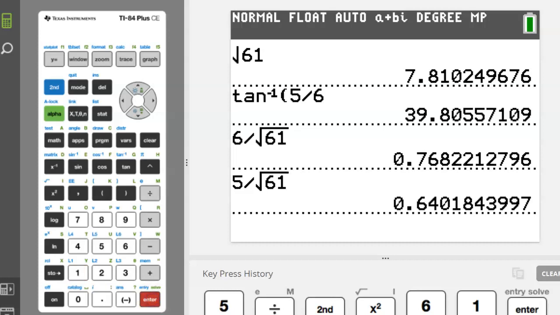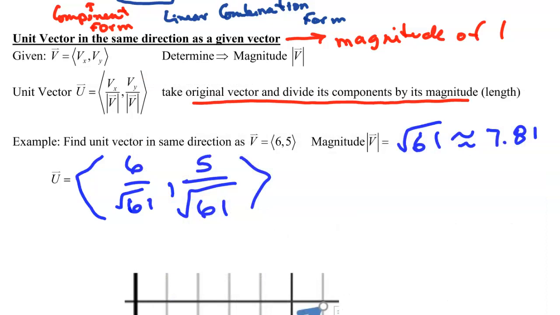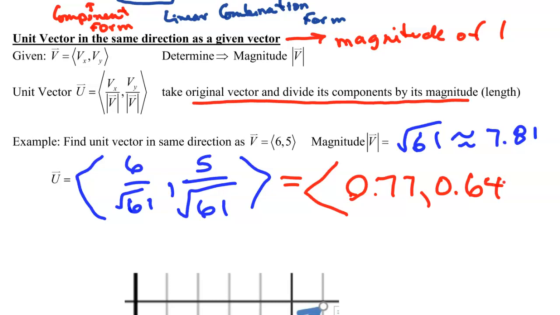And those are my two results. So vector u is a unit vector based on vector v, 6, 5, and the new components are 0.77, 0.64. That means it is the same direction as the original vector, but has length 1.